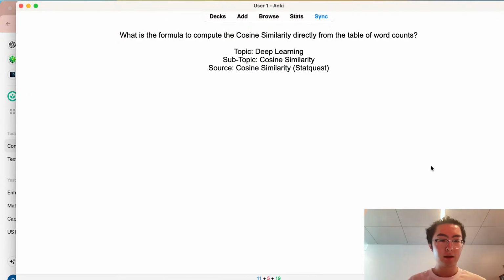Okay. What is the formula to compute the cosine similarity directly from the table of word counts?